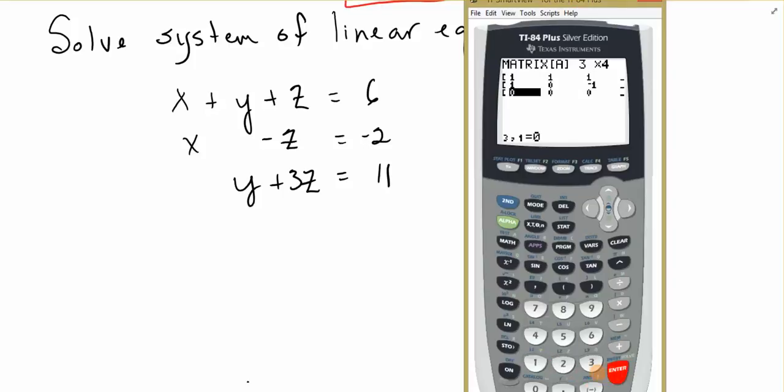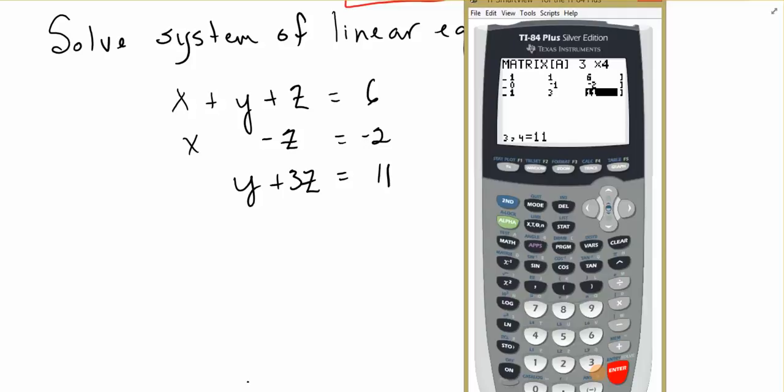All right, in the last row, we don't have an x, so we're going to have a 0, 1, 3, 11. And with matrices, you want to be really careful that you put things in correctly. You don't want to miss something because you just had a number in wrong.